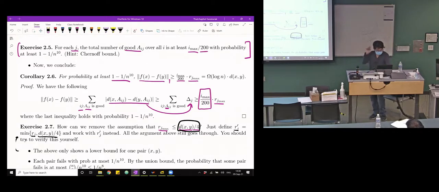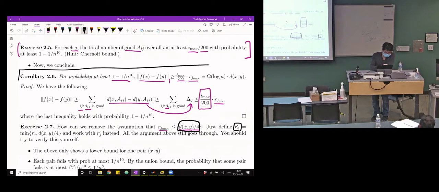Yeah. Now, this is an exercise: you should look at this definition of R prime j and convince yourself that everything really just goes through.